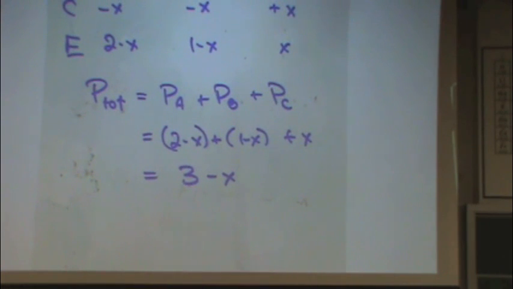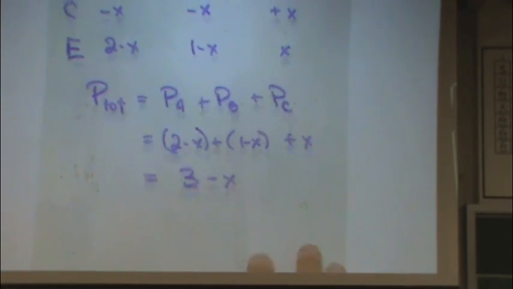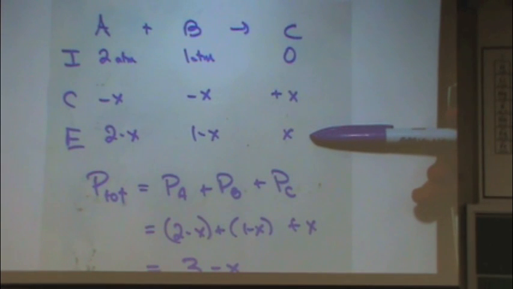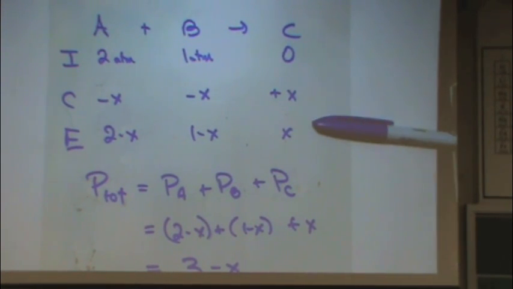Okay, I'm going to move on. Oh, yes. How do you know when to use X and when it's a number in the ice table? She's asking how do you know when you use X in the ice table versus a number. In the C and the E line, it's always going to be X if you're asked to solve for equilibrium partial pressures, or equilibrium concentrations, or pH.